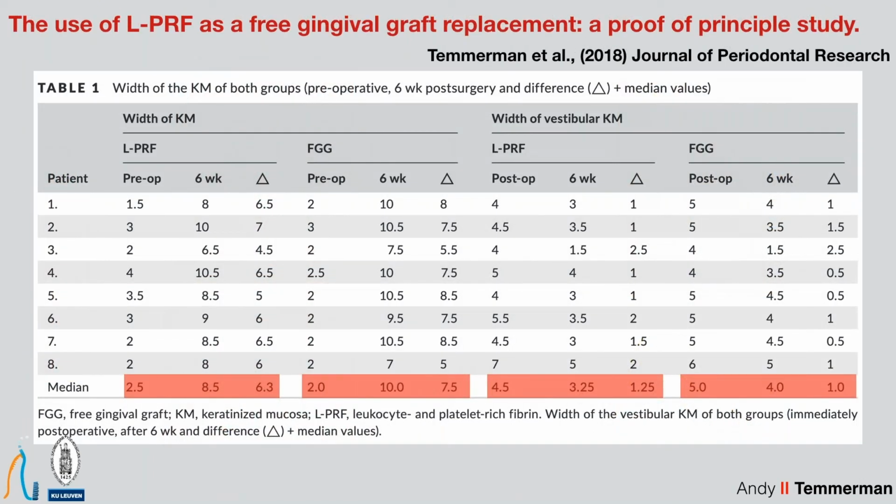Now, in both groups, we were able to get an increase of the amount of keratinized tissues. In the L-PRF group, it was a little bit less than in the free gingival graft group, but both sides seem to work. But if we are very honest, the L-PRF group was a little bit less stable than the free gingival grafts.